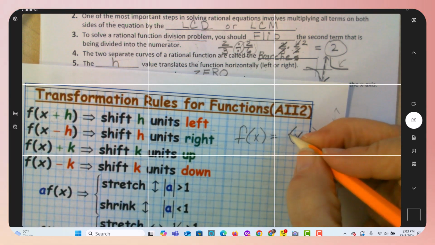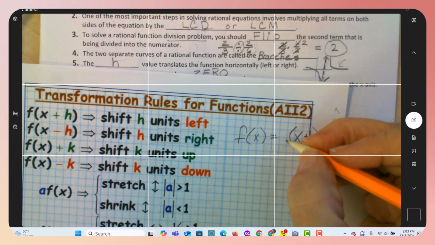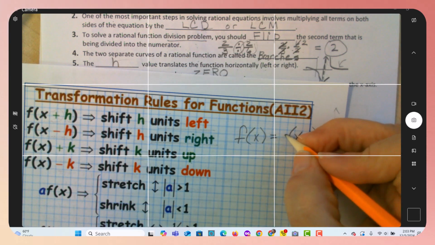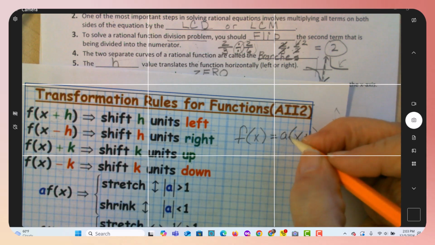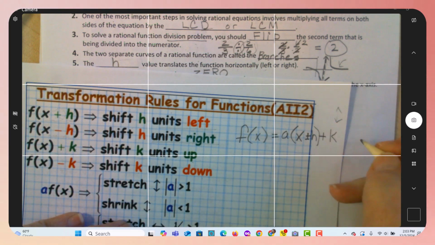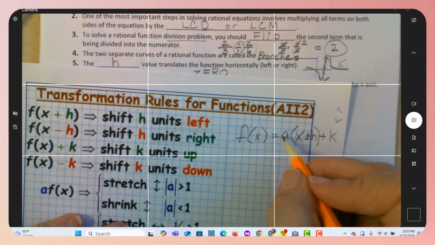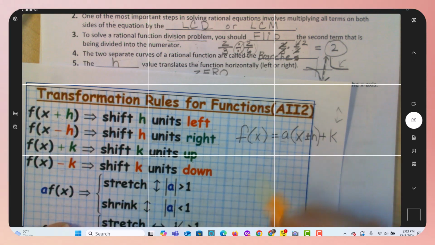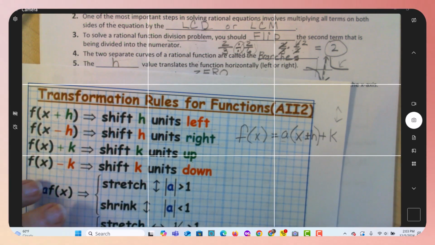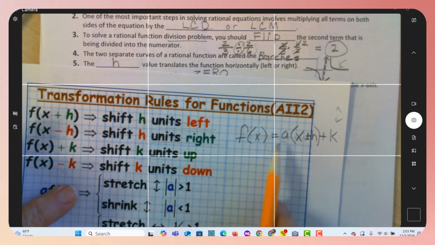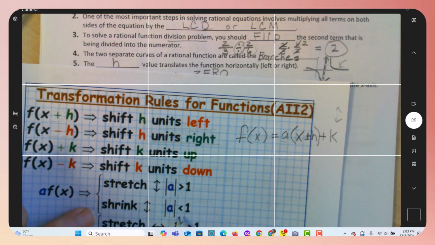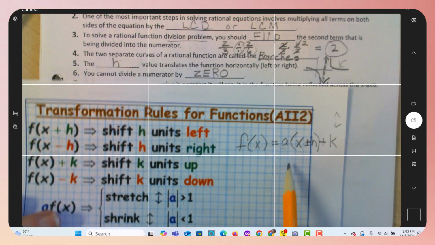Okay, the a value is going to be outside of the parentheses. In other words, we can be multiplying by a number, a fraction, positive number, negative number, the whole function, okay? And that would stretch it, shrink it, reflect it, all of these things, depending on whether that number a is greater than 1, less than 1, a fraction, negative, and so forth.